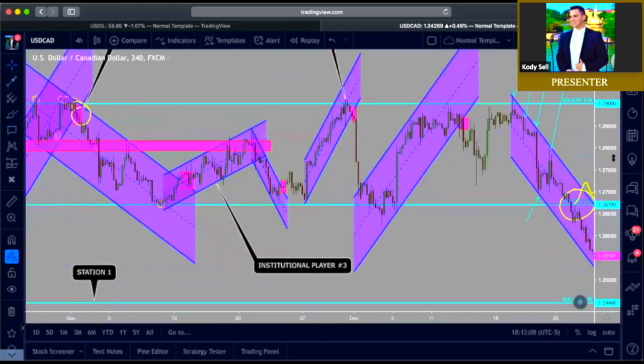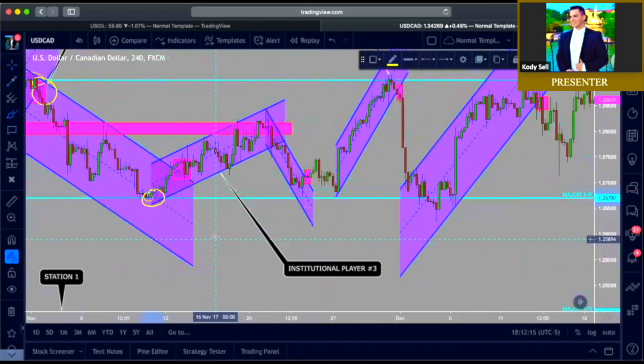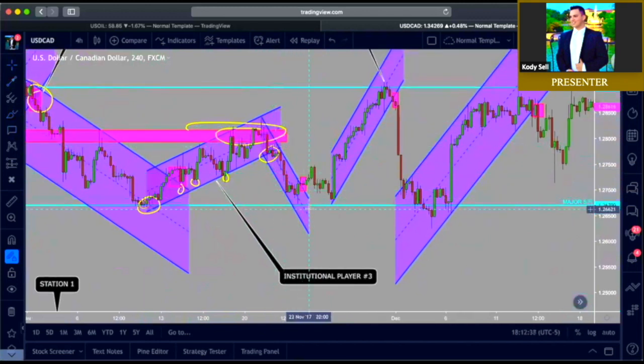When he filled his orders, maybe he originally dumped 10 million into the market, and then he kept getting in on these retracement levels. So he got a 60% discount for his next 10 million, a 60% discount for his next 10 million, a 60% discount for his next 10 million, and then all of his orders were done right here. As you can see, because price ultimately breached this trend line, breached this channel support, and continued on in a new direction, meaning that his orders specifically were done.